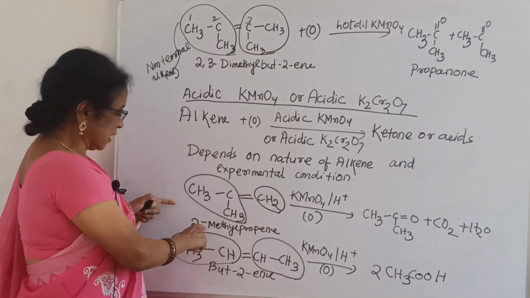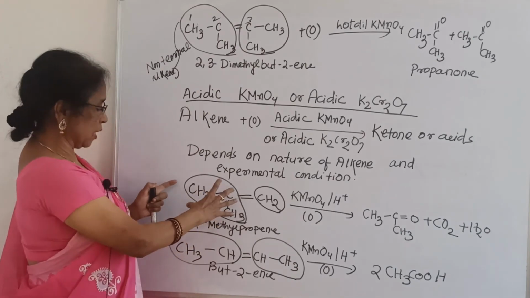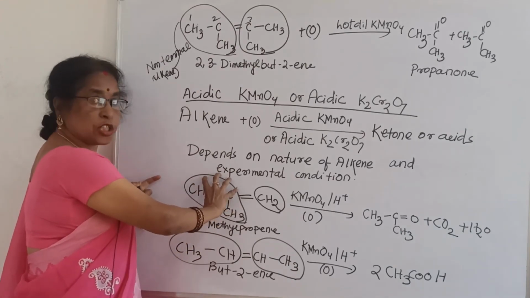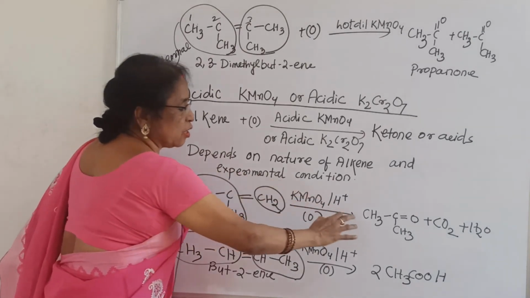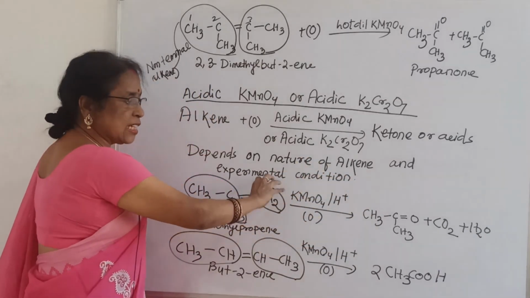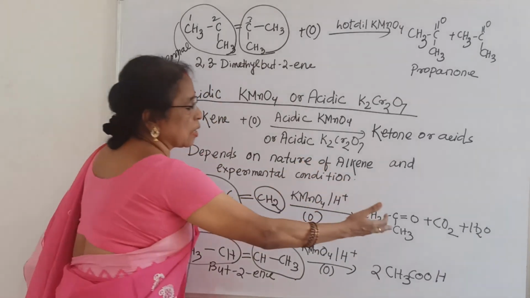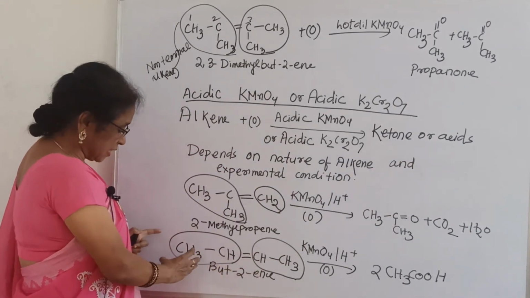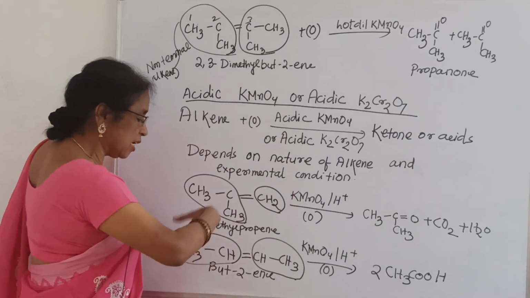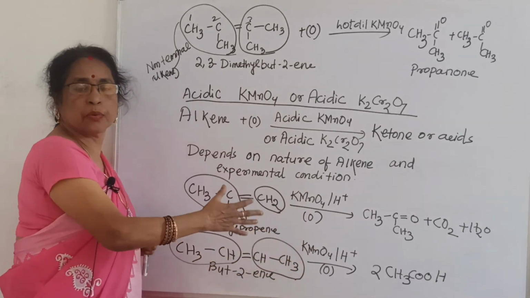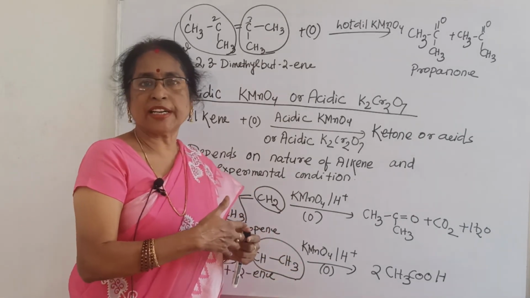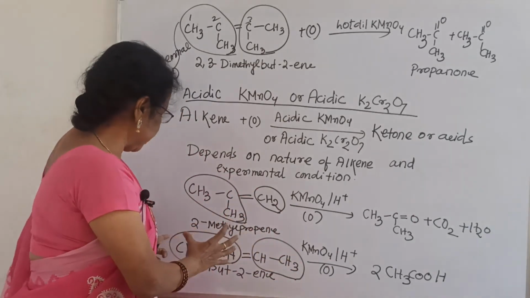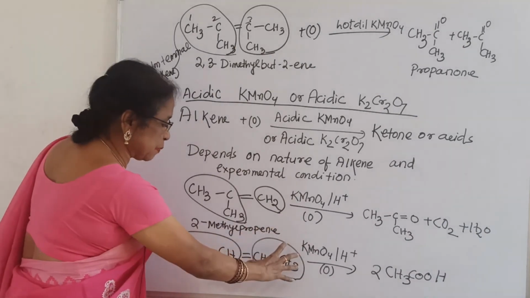Now see, this is 2-methylpropene. Here you can see oxygen will be added, and there is a chance to form propanone, and the CH2 will oxidize to carbon dioxide and water. And here but-2-ene: this side 2 carbon 4 hydrogen, this side also 2 carbon 4 hydrogen, because it is a symmetrical alkene, and it gives this part as acid and this part as acid.